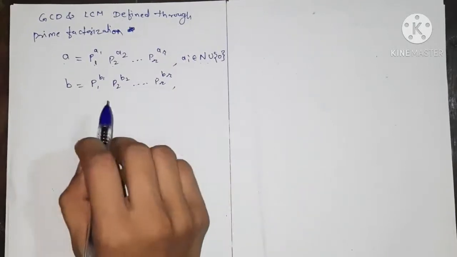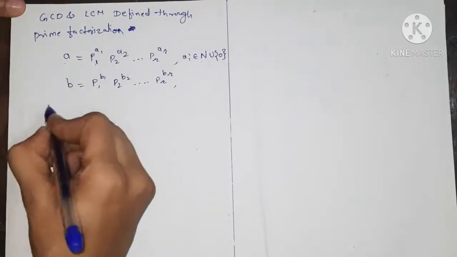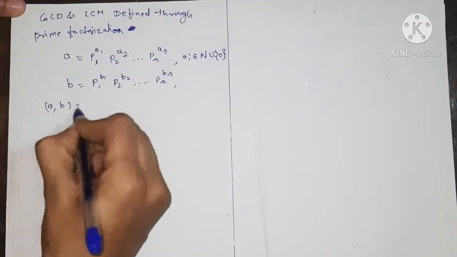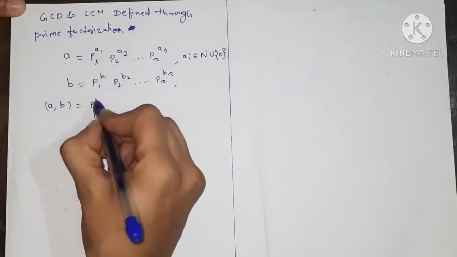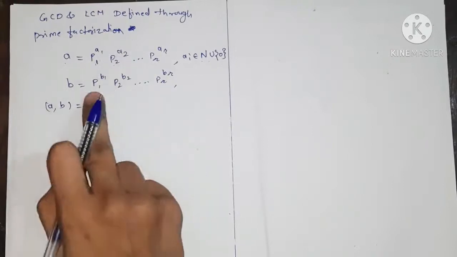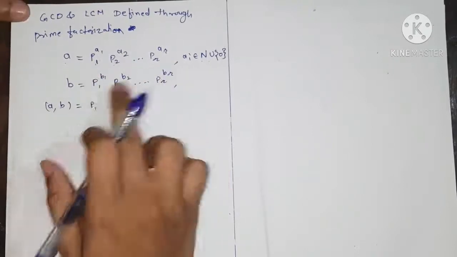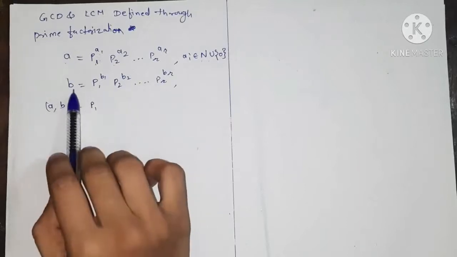Now, to find the GCD of a comma b, we take the minimum of the two powers, since p1, p2 up to pr are all common prime numbers in the factorization of a and b.